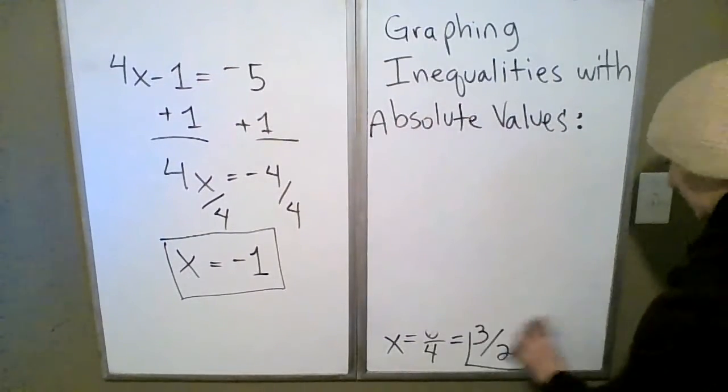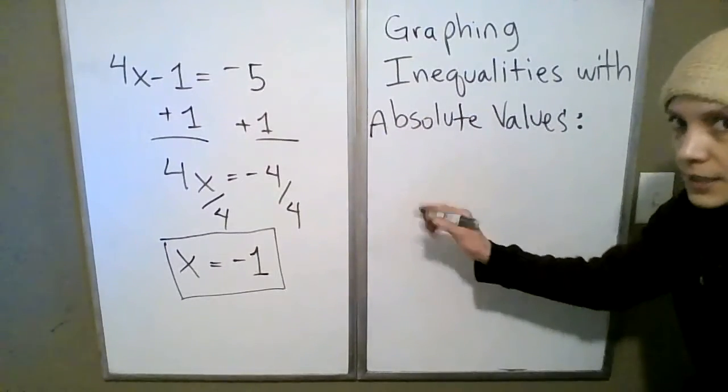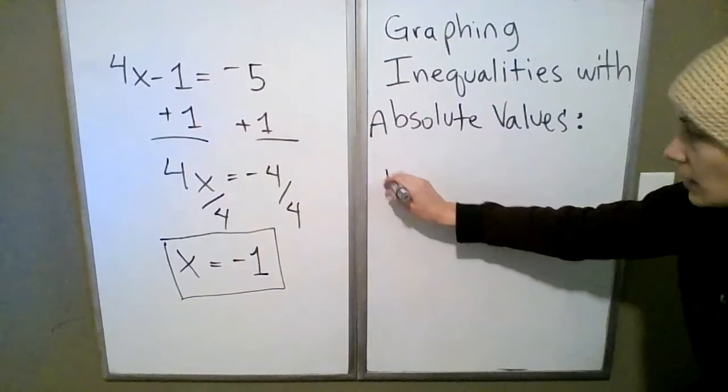So again, first step is get the absolute value bars on one side of your equal sign.